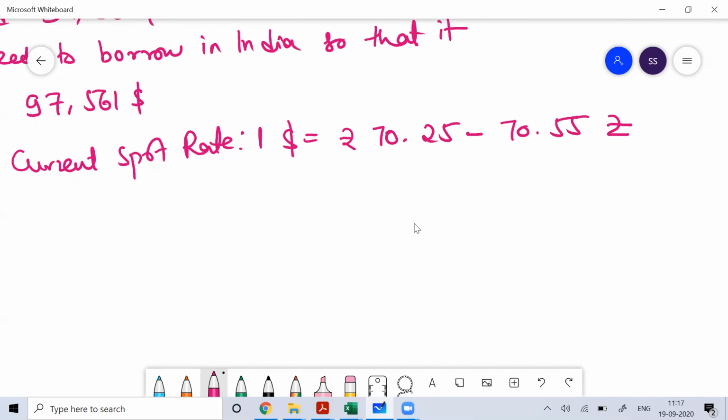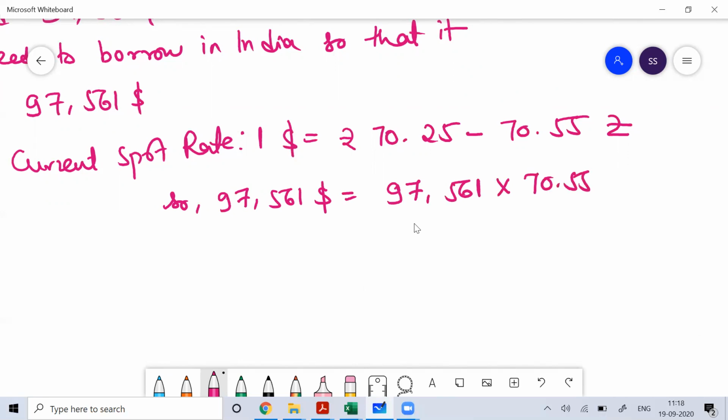So 97,561 dollars will be equal to how much in rupees? How much do they need to borrow? 97,561 into 70.55. You can do this calculation.